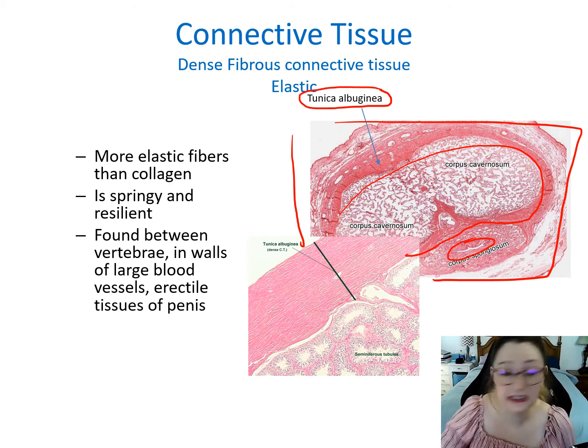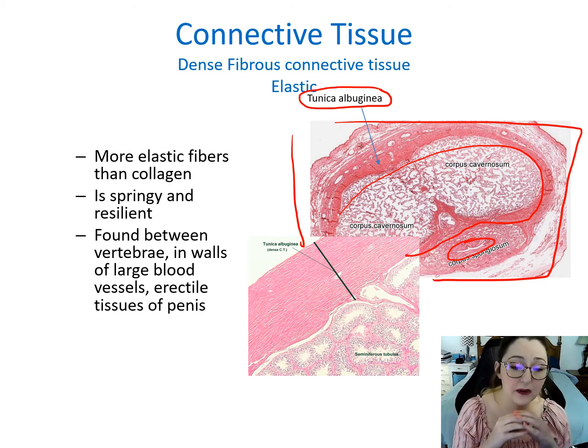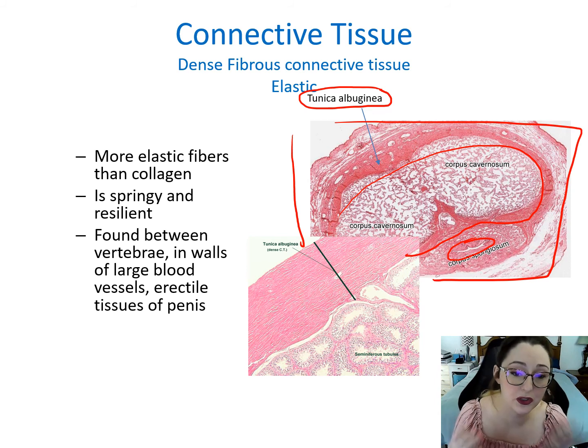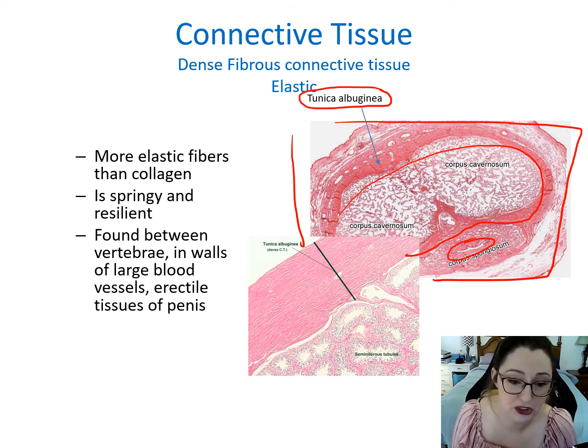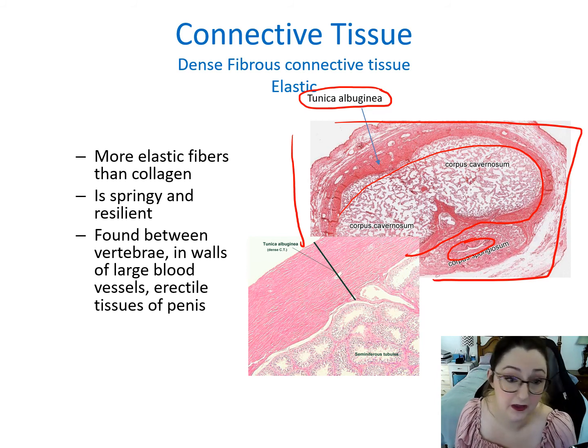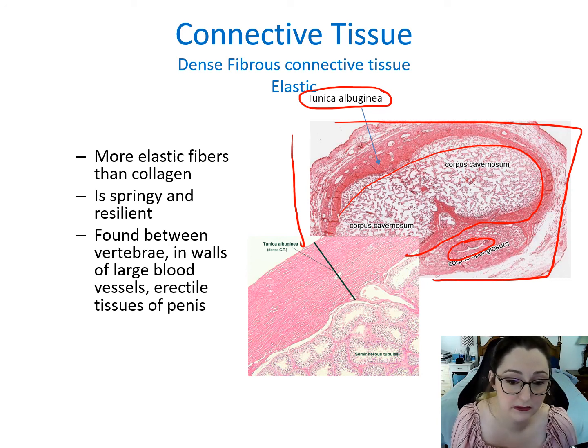So that is going to be tissue that allows for expansion due to the nature of erections and the fact that the penis is a hydrostatic organ that allows for blood to fill it. This type of tissue is going to allow for the penis to expand. Kind of cool.